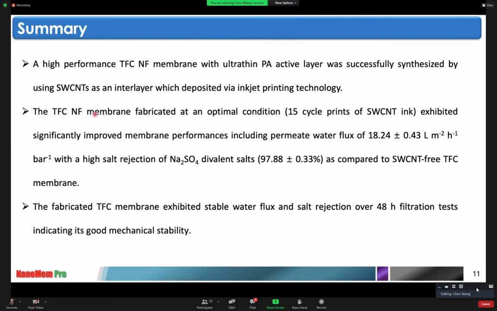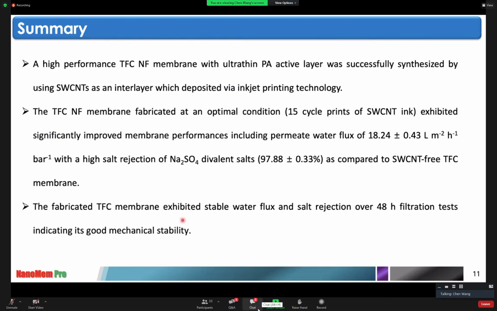Then let's have a summary of the first study. First, a high-performance TFC nanofiltration membrane with an extra-thin polyimide layer was successfully fabricated with printed SWCNT as interlayer. Second, the TFC membrane fabricated at the optimum condition with 15 prints of SWCNT exhibited a permeate flux of around 18 LMH per bar with sodium sulfate rejection around 97.8%.